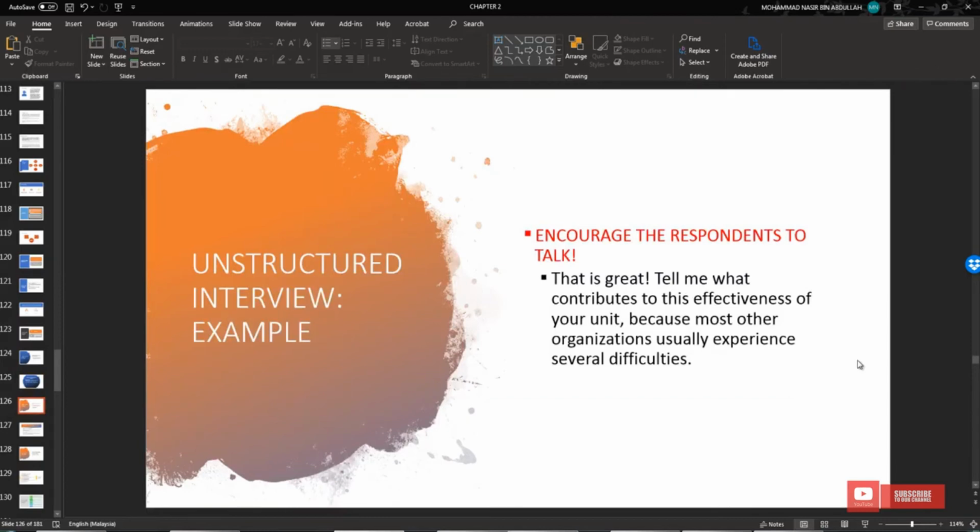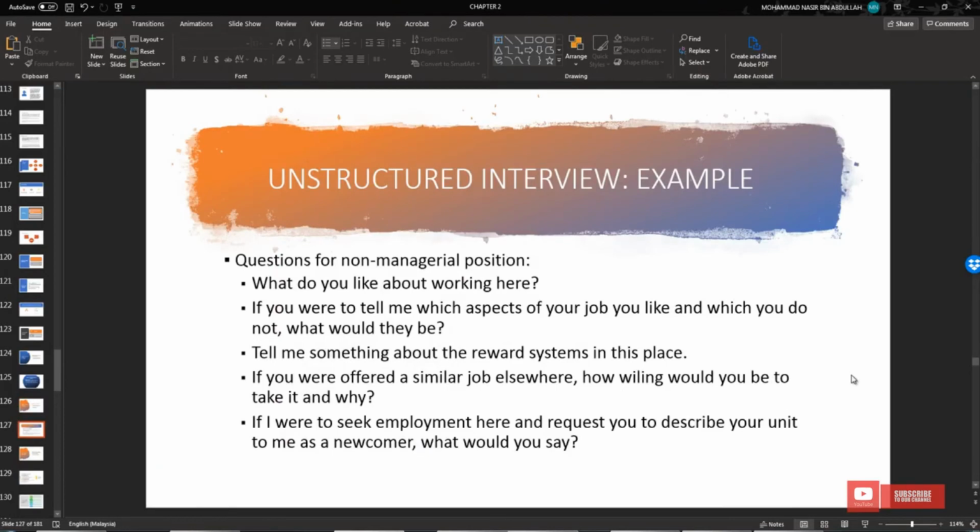So the main point is we need to encourage the respondent to talk, right? In the unstructured interview, the main point is we need to encourage the respondent to talk about the question being asked. Right. So now let's look at an unstructured interview for a managerial position. What do you like about working here?